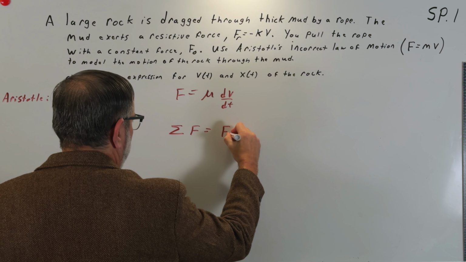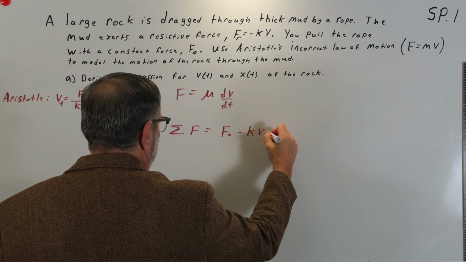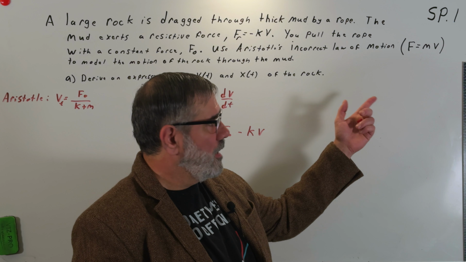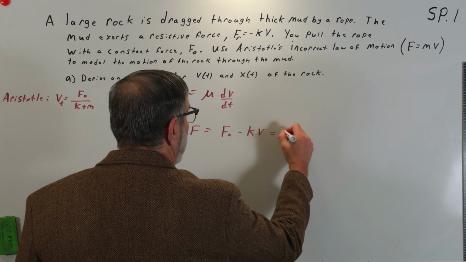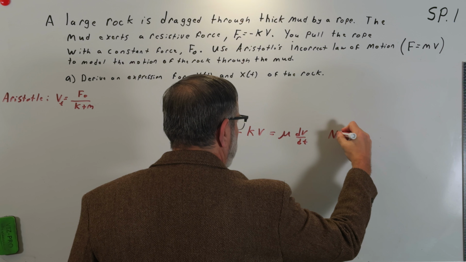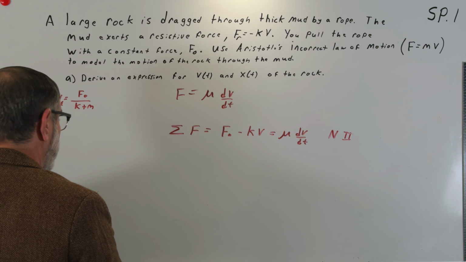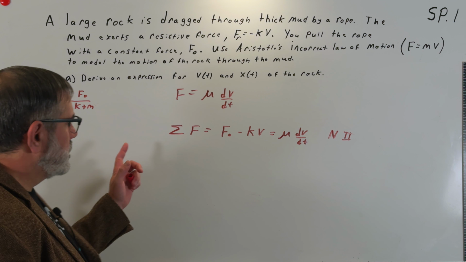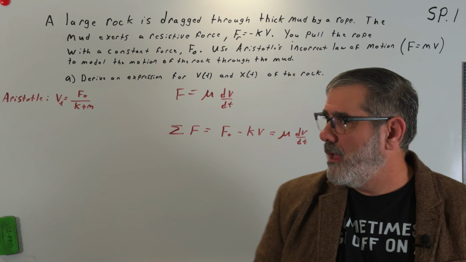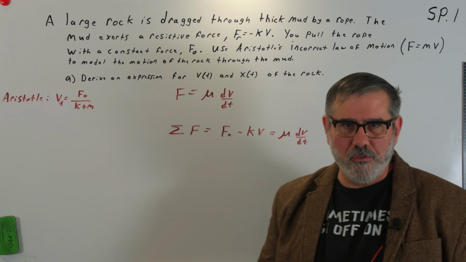It'll be F naught minus kv, but this time, instead of being equal to m times velocity, it's going to be equal to mu times dv/dt. This is just Newton's second law. Now we could, of course, solve this differential equation, but we know it's going to have a velocity that's dependent on time, and so it's not going to compare well with Aristotle's.